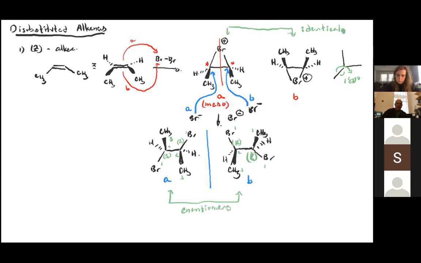Okay. And again, we can dive a little bit more deeply into this. I don't want to spend too much time on it, but you can imagine that the transition states preceding both of these stereoisomers are going to look something like this. And so I'll just redraw the transition state on the side.